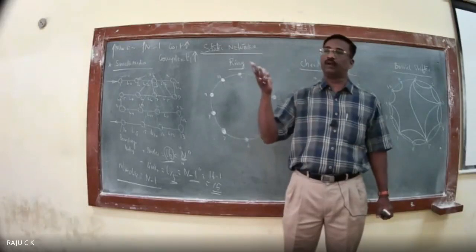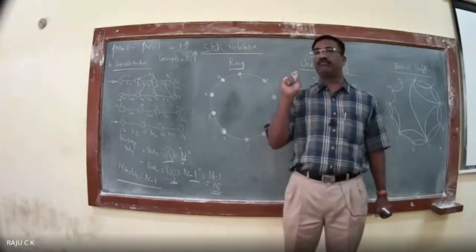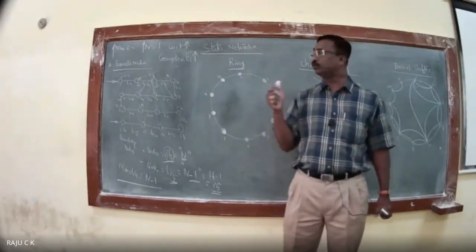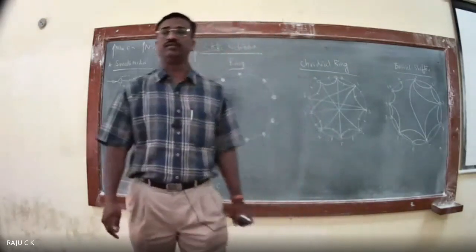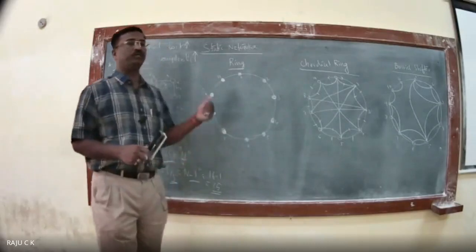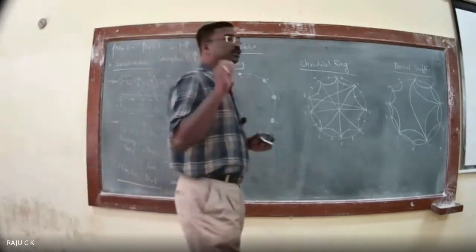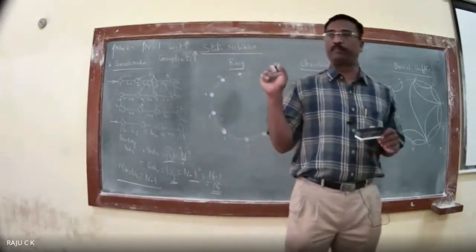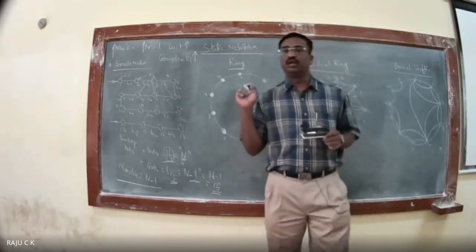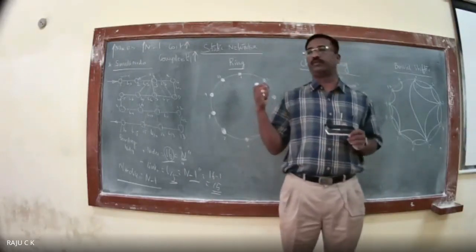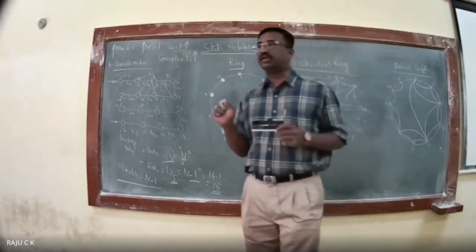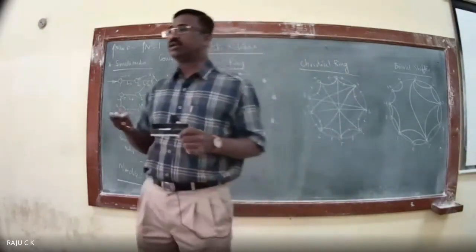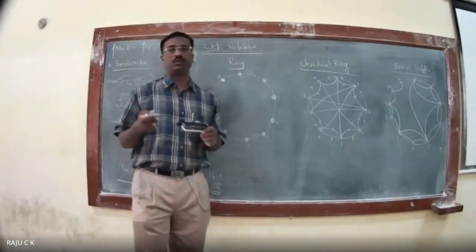So for a large number of nodes, we can't use this particular type of network. It can be adopted only for a small number of nodes. Depending on the application, the type of network is chosen.